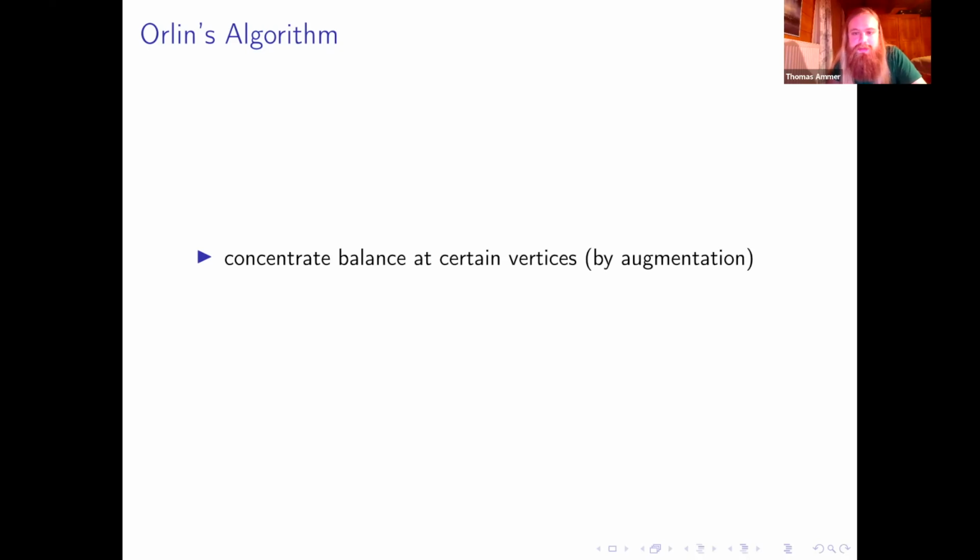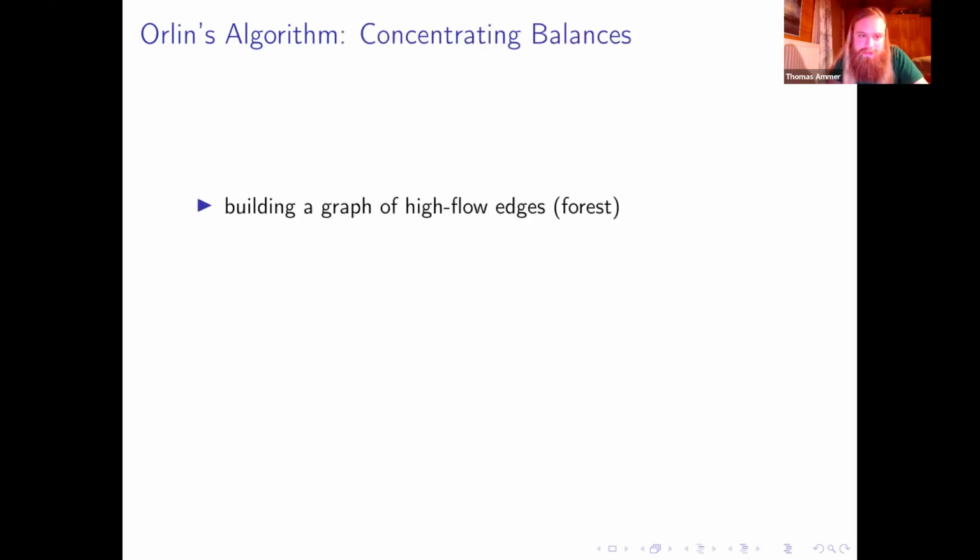That will again be done by means of an augmentation. I will now give a few remarks on how that can be done. Again, I don't think it's necessary to understand any detail in there. My main intention is to give you at least some high-level intuition about how this algorithm works.